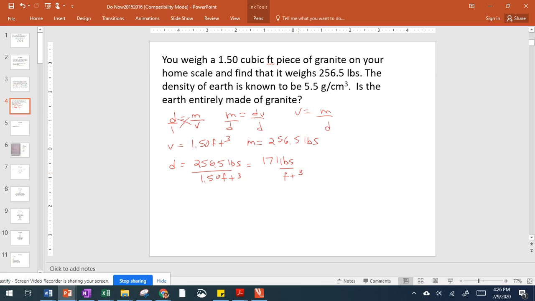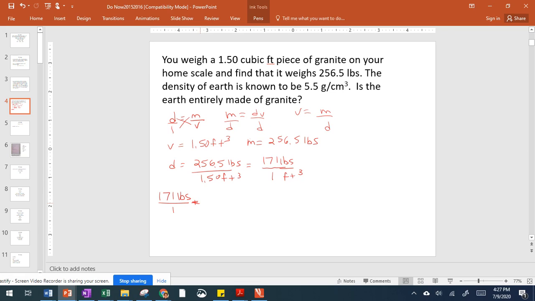Now I could do this in two ways. I could convert everything using a string of conversion factors, or I can convert the 171 pounds into grams and that 1 cubic foot into centimeters cubed. I'm going to do it the second way just so you guys can see that process. So I have 171 pounds, and I'm going to convert that into grams.